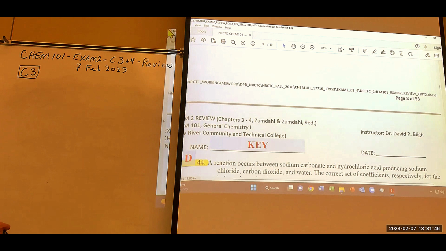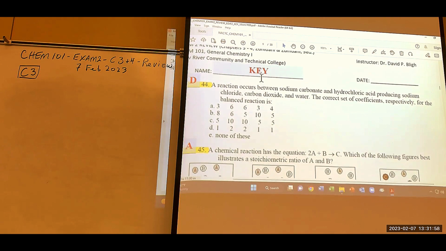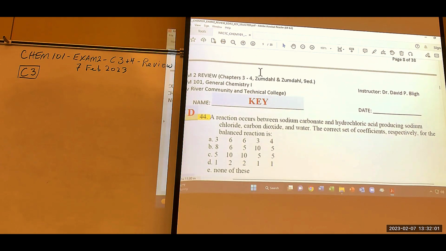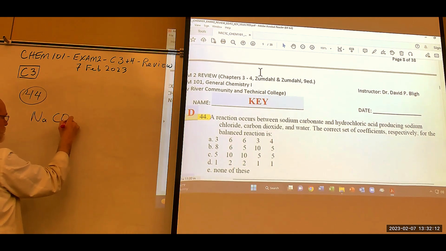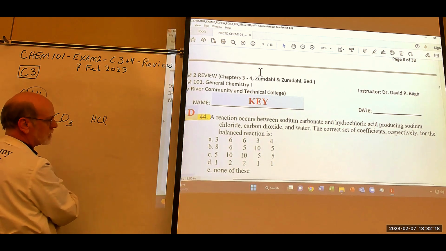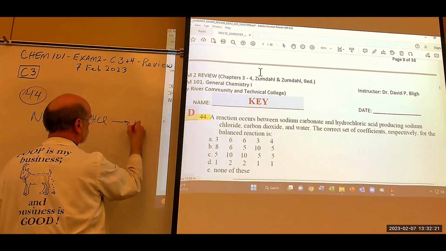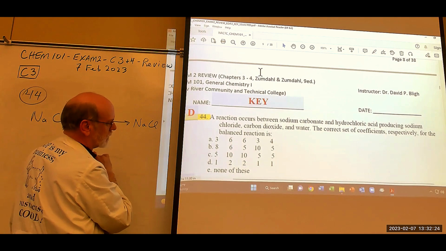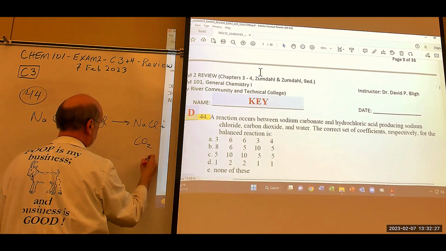Let's see. Number 44 is a word problem that requires that you be able to write the compounds in order to balance the equation. So we'll go that far. It says that sodium carbonate reacts with hydrochloric acid to produce sodium chloride, carbon dioxide, and water.